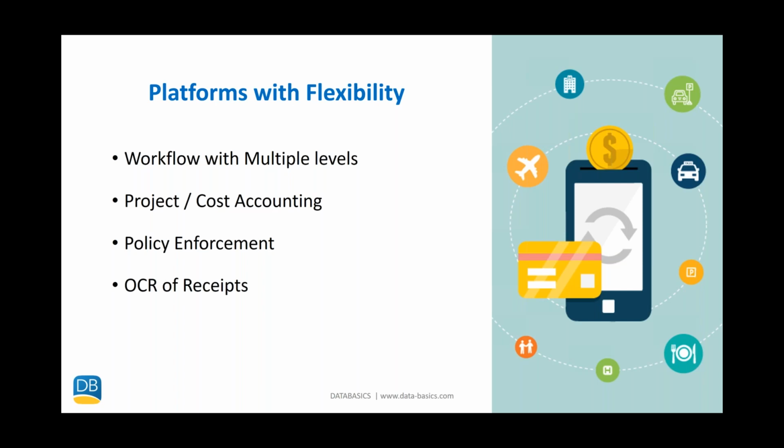And then really the last piece here, and this is, again, probably one of the big time-saving components, is that within the new P card tools that we can provide and others out there is OCR technology. So if a user does have a PDF of a receipt or an invoice for a transaction that he or she put on a P card, we are able to push that receipt into the solution, have our solution read that data, match it to the card transaction, and automatically pull it over.